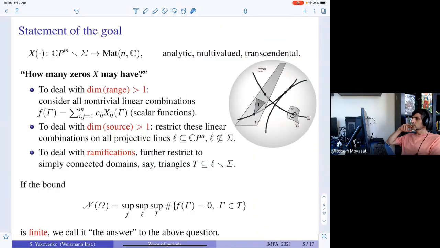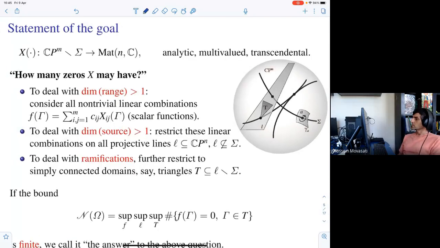And now I want to formulate the goal. What do I want to be able to tell about such systems? As before, we have the equation dX equals omega X. Omega is a rational function of gamma, which is itself a point in the large projective space CP M. And I want to count zeros.